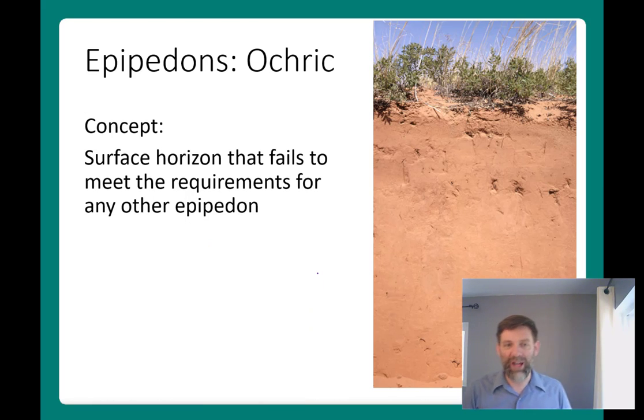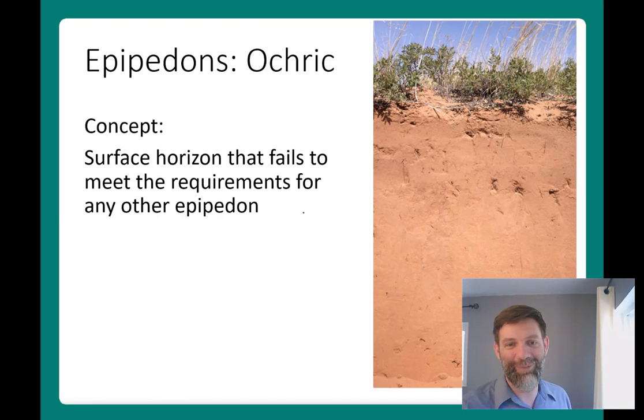And then one more epipedon, and that is the ochric. Ochric is basically the catch-all, the garbage can at the end of the classification scheme where you go through and say, is it mollic, is it folistic, is it histic, etc., etc. And at the end, you say, well, no, it's not any of those. For everything else, there's ochric.